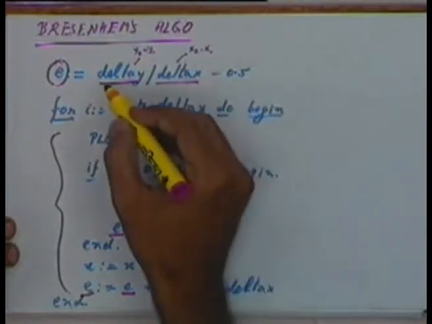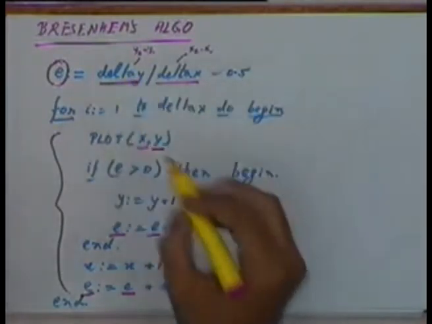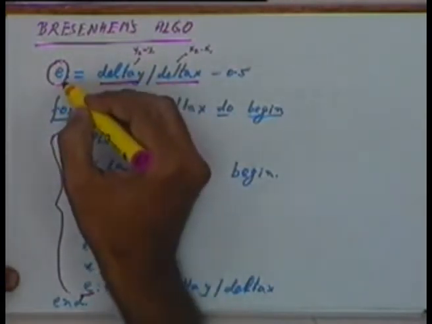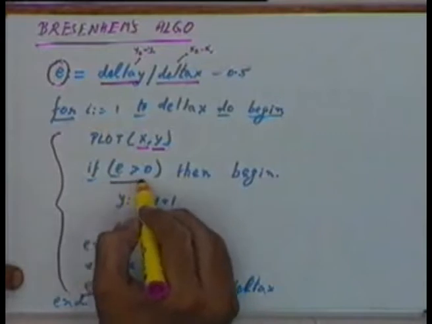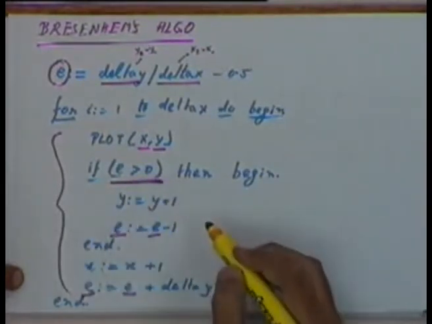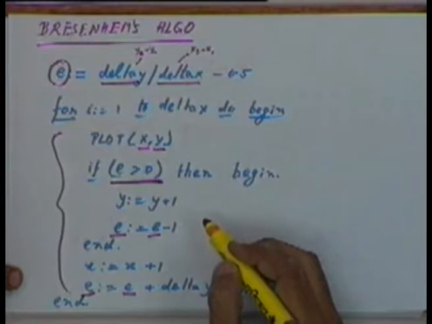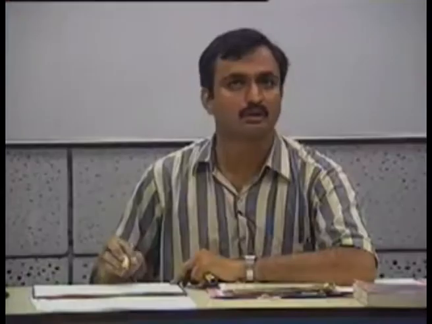And if you notice in this complete algorithm, E is important only for finding out the sign of E. We are only bothered about whether E is positive or whether E is negative. We are not bothered about the actual magnitude of E.